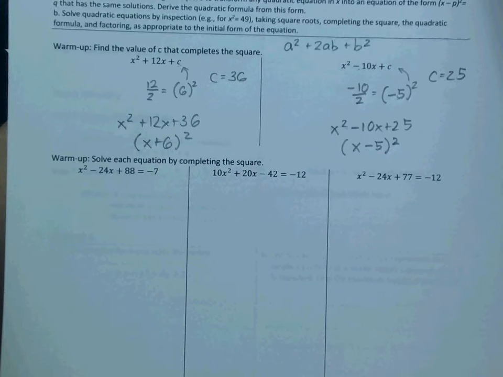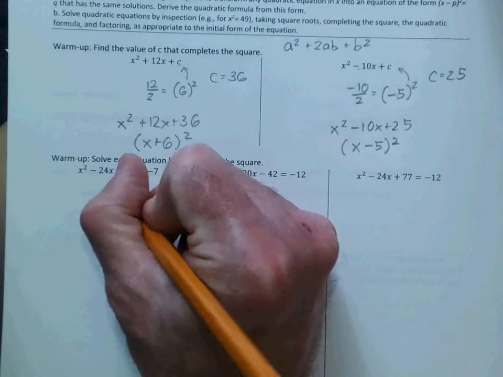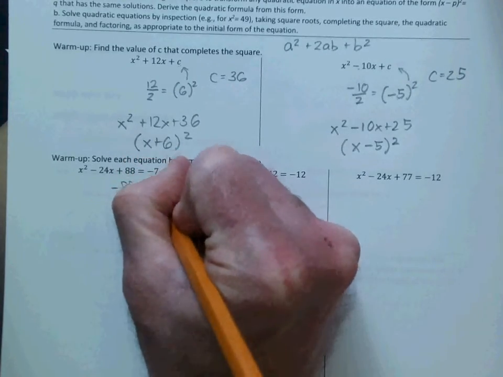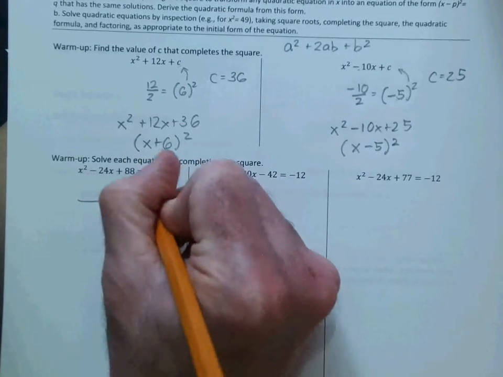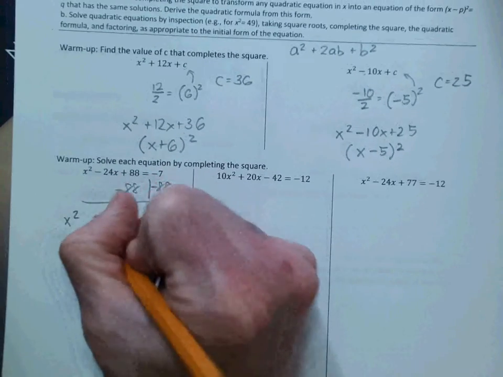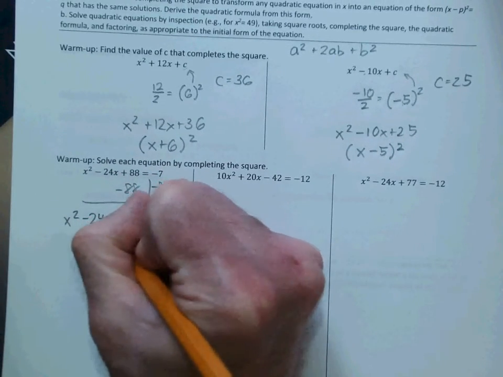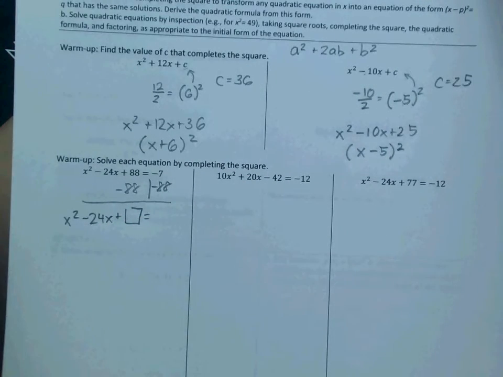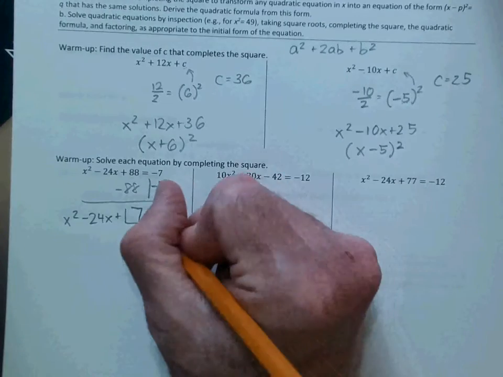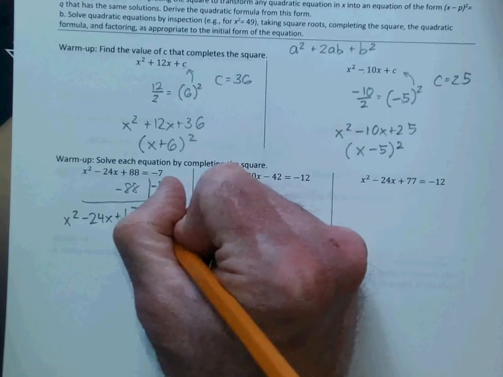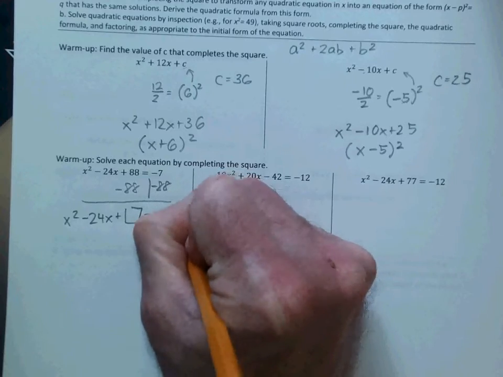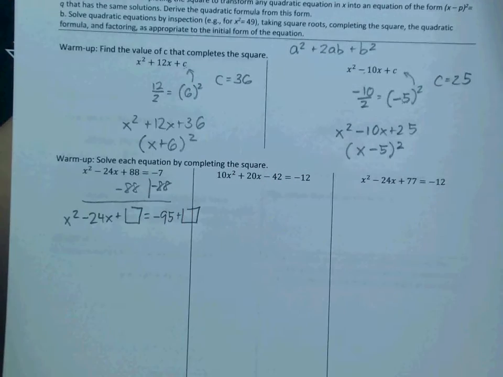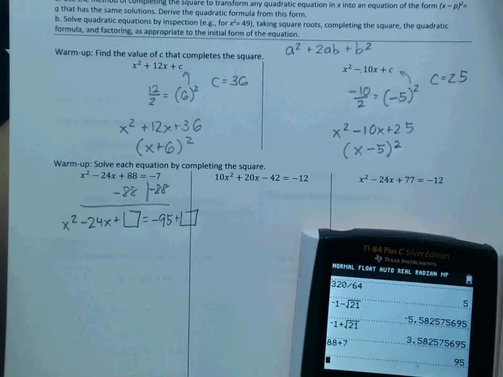So the idea with the first one is I'm going to subtract 88 from both sides and get x squared minus 24x plus box is equal to negative 95 plus box. I knew I forgot something that I was doing. Now to figure out what the box is, that's what we were doing up here.